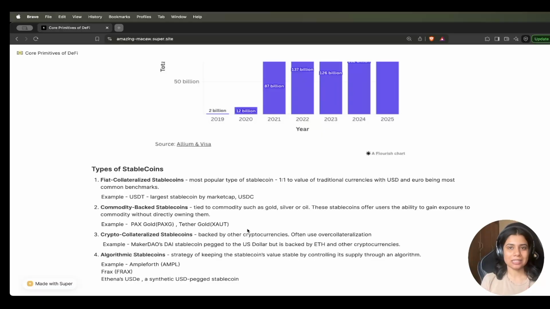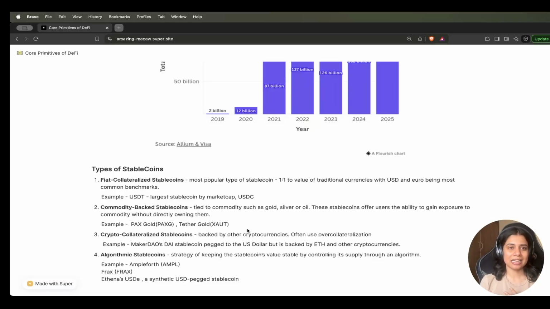In the past, there have been attempts to make algorithmic stablecoins work, but we have seen some major failures, like Terra USD. So the work is still ongoing for algorithmic stablecoins. Now that we understand stablecoins in depth, let's move on to the next primitive.